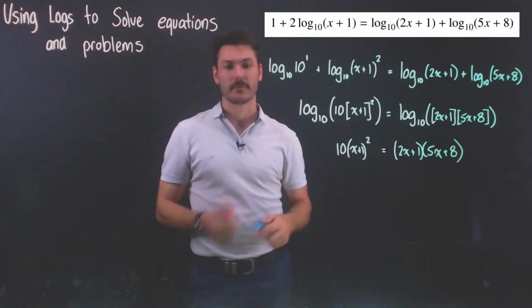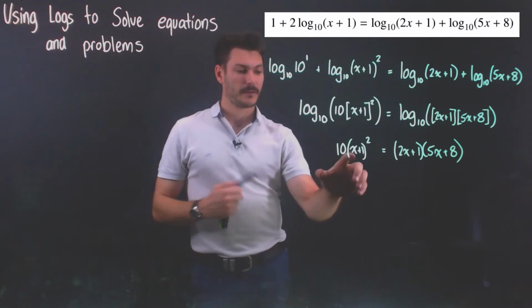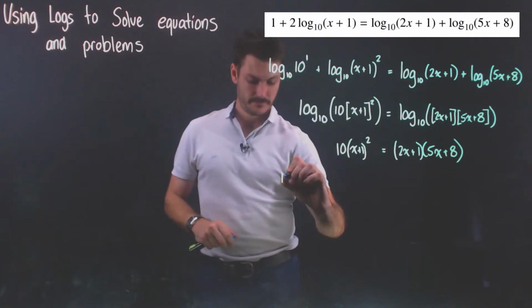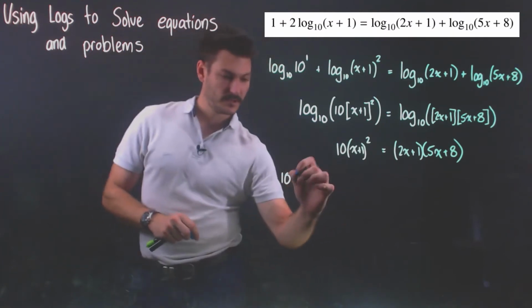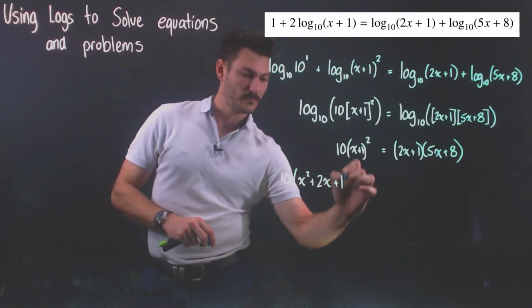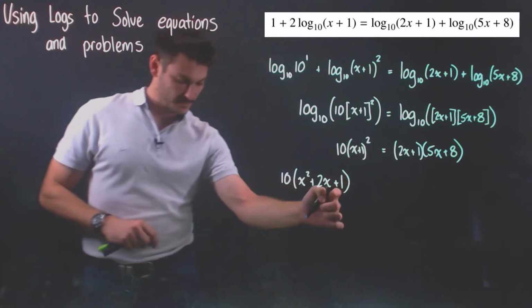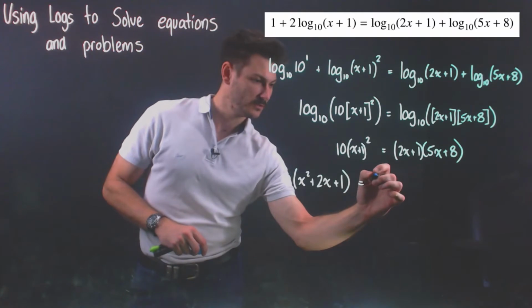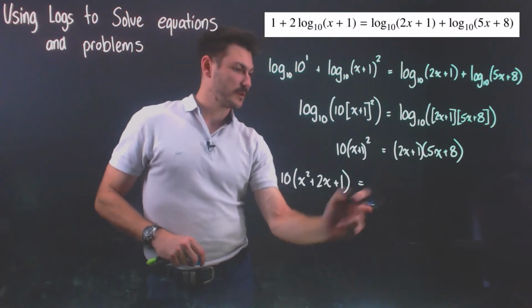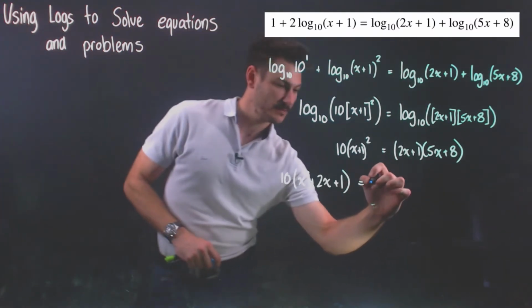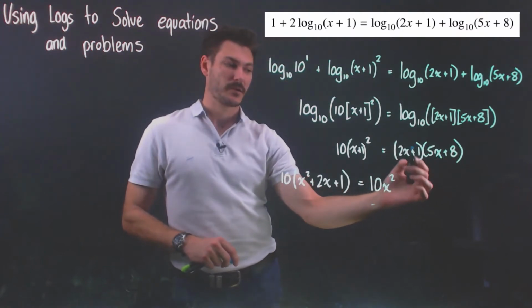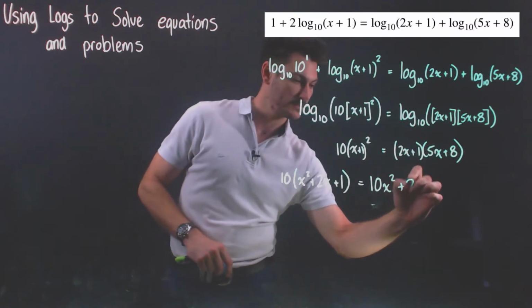So I'm going to expand and simplify both sides and see how we go. On the left hand side, I'm first going to expand x plus 1 all squared and then multiply by 10. So I'm going to have 10 outside of x squared plus 2x plus 1. That is x plus 1 all squared expanded out. That's going to equal, I'm going to use FOIL to expand this. 2x times 5x is 10x squared. 2x times 8 is 16x, but I've also got a 5x here, so add them together and you get 21x.